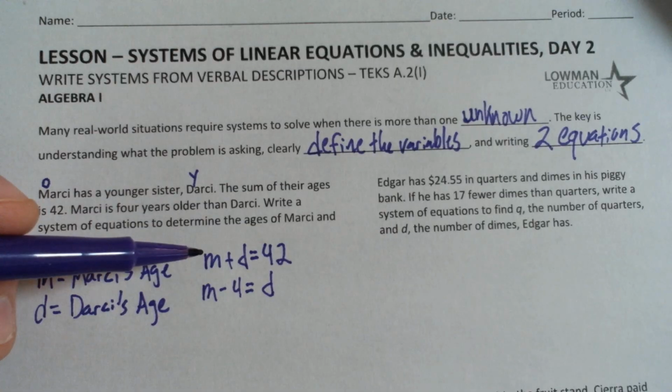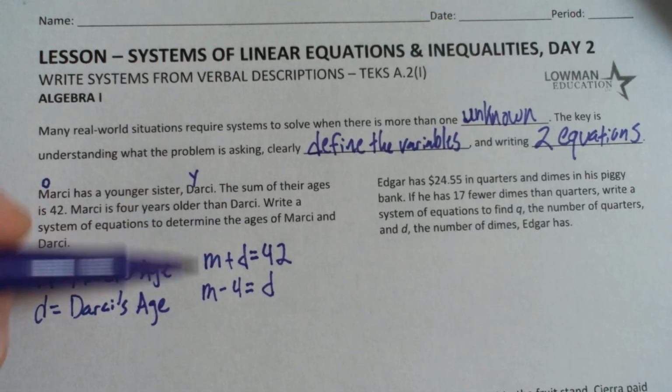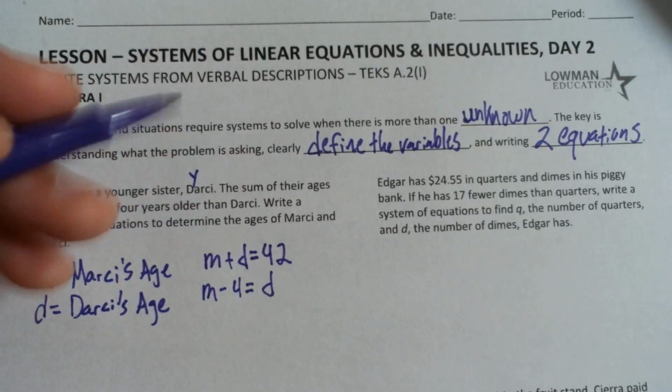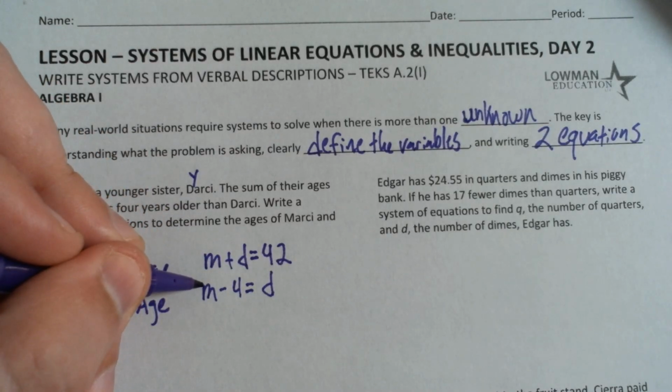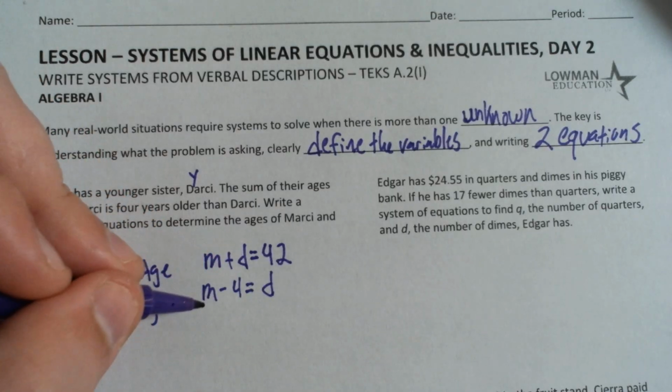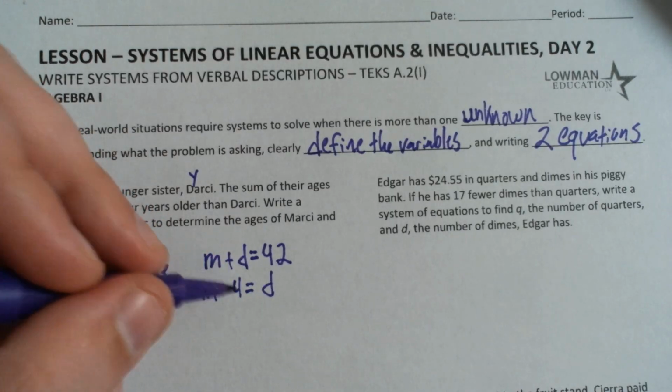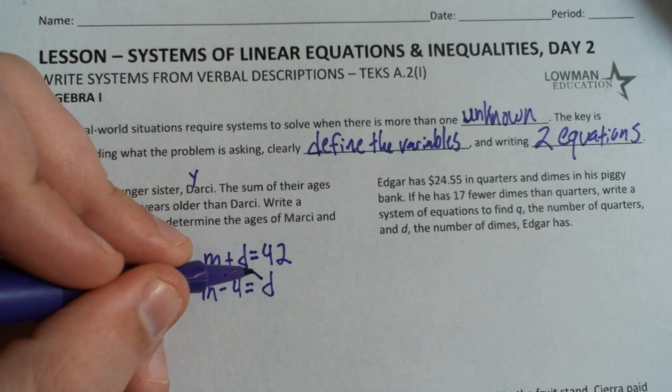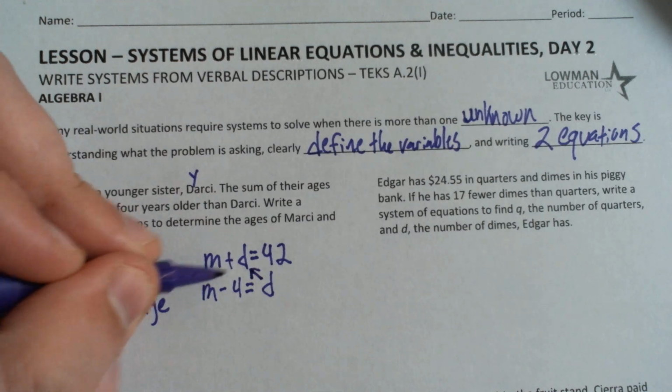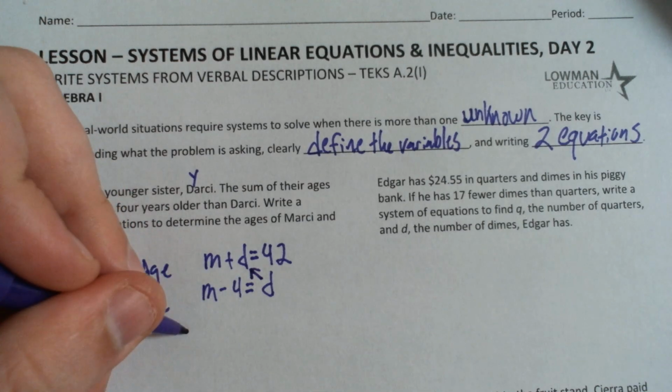Would be substitution. Or we could eliminate one that I'll show you just quickly so we know how to solve them, or have an idea at least. If Darcy's age is whatever Marcy's is minus 4, well, where that D is, I'm just going to replace that with this equation.